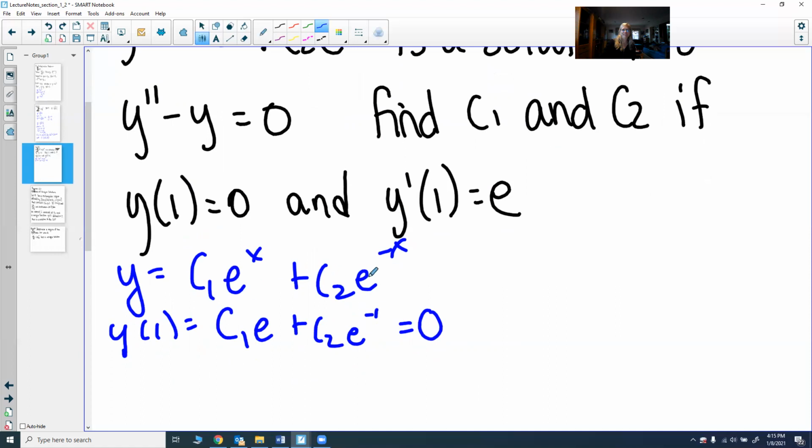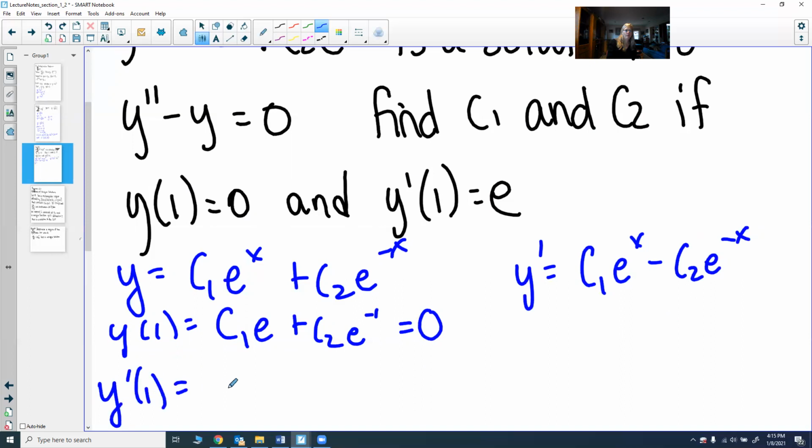Well, that means I need to find the derivative. So my next thing I have to do is find the derivative of y. And the derivative of y is, of course, c1 e to the x minus c2 e to the negative x. And so I'll go ahead and find out what y prime of 1 is. That's c1 e to the 1 minus c2 e to the negative 1, and that equals e.